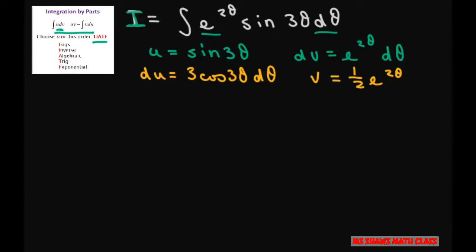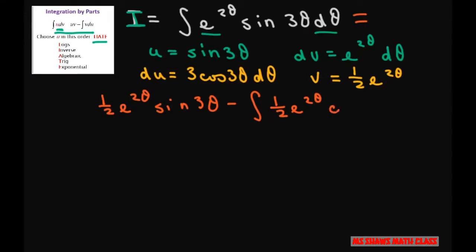Now we use our formula and fill this in. So this equals, without me having to write that out, u times v, which is 1/2 e to the 2 theta sine of 3 theta, minus the integral of v, 1/2 e to the 2 theta, times du, which is 3 times cosine of 3 theta d theta.